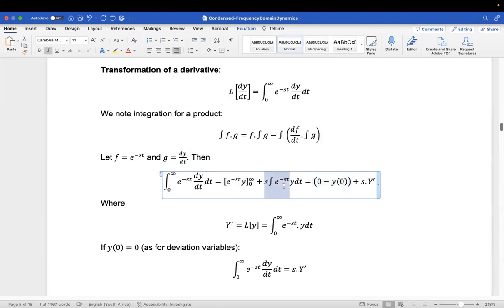And then looking at this function, we can see that we have what's in effect the Laplace transform of y itself here. So we can simply state that the Laplace transformation of y, we can label that as y dashed.